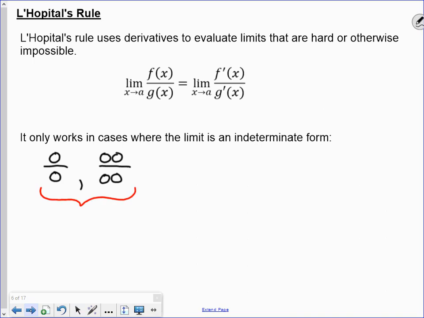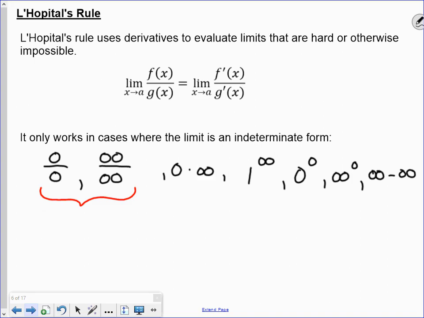There are other ones like 0 times infinity, 1 to the power of infinity, 0 to the power of 0, infinity to the power of 0, infinity minus infinity. But really, most often you're going to encounter 0 over 0 or infinity over infinity.